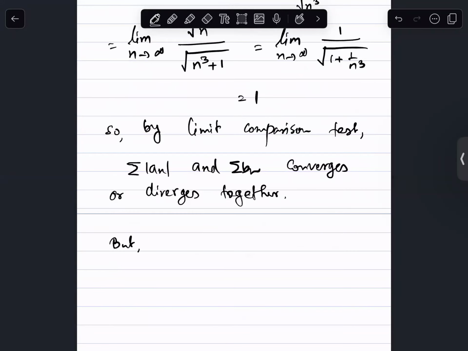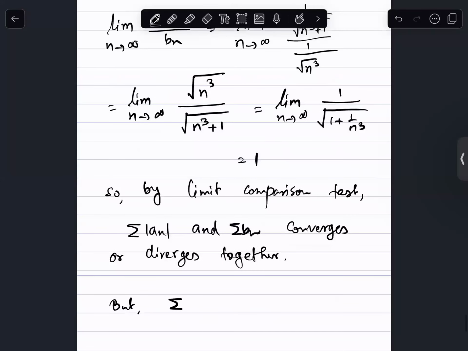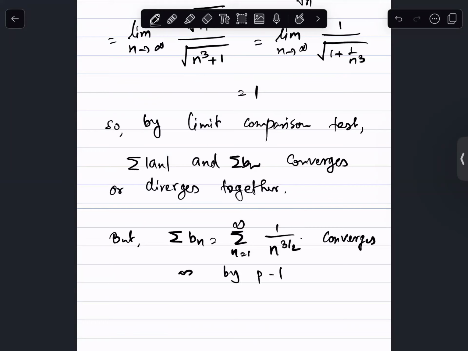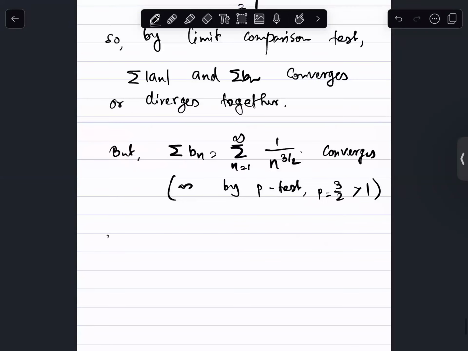But in this case, summation bn, which is summation n equal to 1 to infinity 1 over n to the 3 over 2, converges, right? As by p-test, p equal to 3 over 2, which is bigger than 1. So summation over modulus an, in other words 1 over square root of n to the third plus 1, converges.